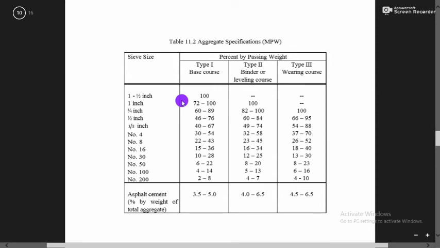Table 11.2, aggregate specimen, sieve size in inches, asphalt content, asphalt cement percent by weight of the total aggregate. Type 1, base course. Type 2, binder or leveling course. Type 3, wearing course.